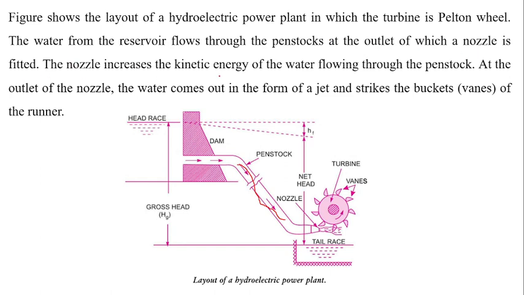The nozzle increases the kinetic energy of the water flowing through the penstock. At the outlet of the nozzle, the water comes out in the form of a jet, which strikes the buckets, nothing but the vanes of the runner. So the turbine starts rotating.